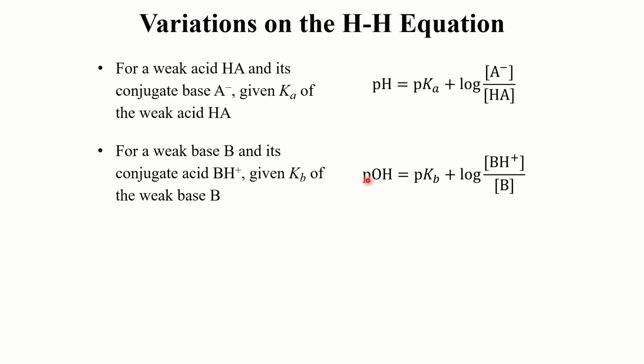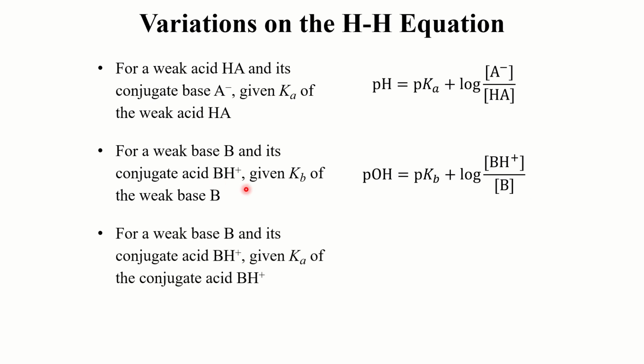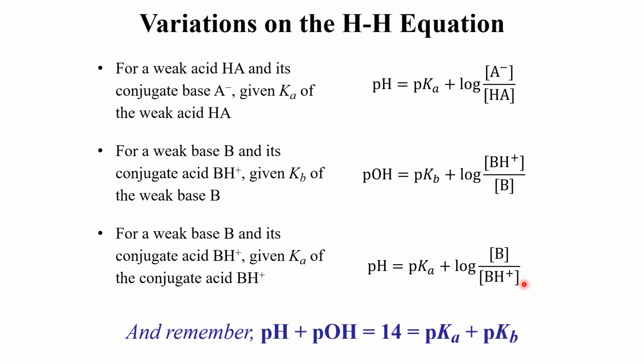So this one is pOH equals pKb plus log of BH plus over B. For a weak base B and its conjugate acid BH plus given Ka, we can say that pH equals pKa plus log of base over acid. And I do want to remind you that pH plus pOH equals 14. Similarly, a very helpful thing to remember is that pKa plus pKb should also be equal to 14.